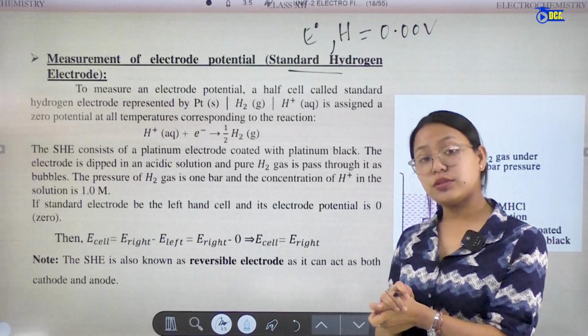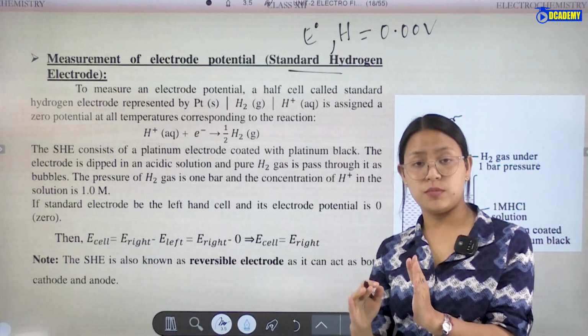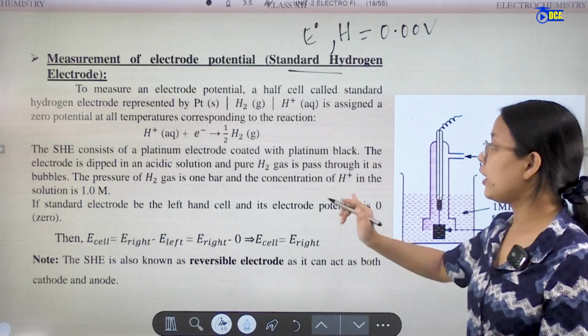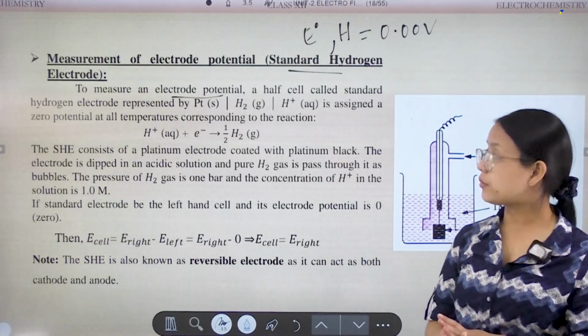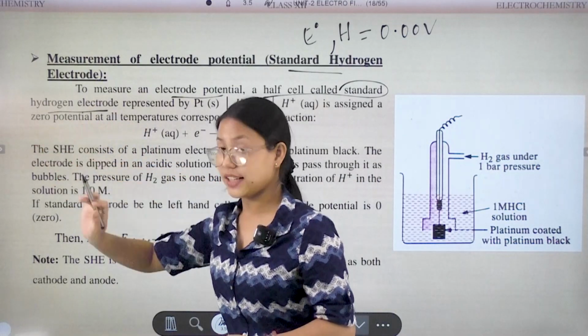To measure an electrode potential, the standard electrode potential, we use a half cell called the standard hydrogen electrode.